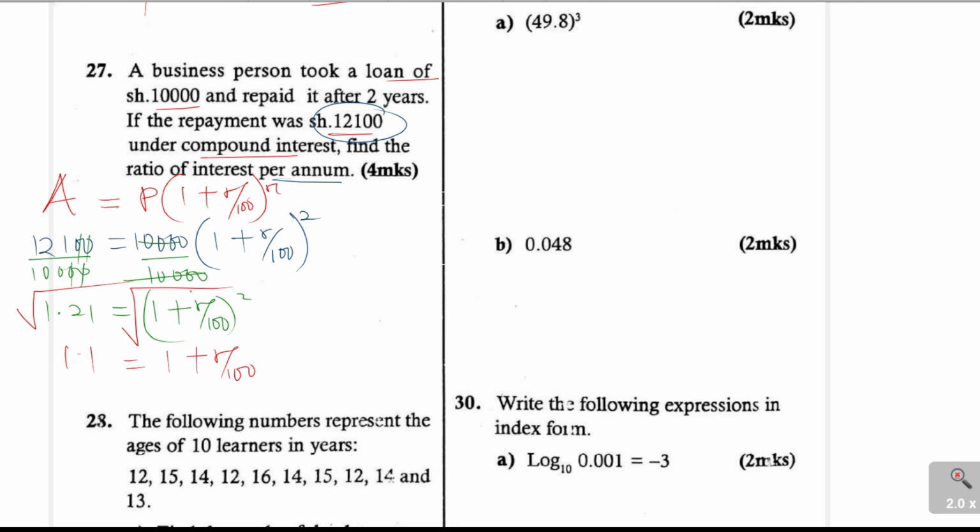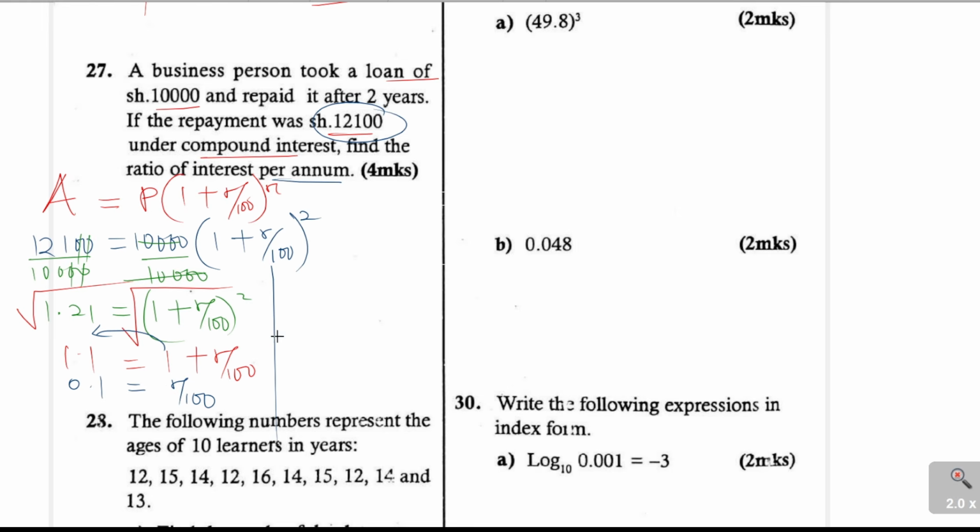Now it is easier, you're almost getting it. So now from there, the next step, you can take this 1 to this side. When you take 1 to the other side, it will be 1.1 subtract 1, which will be 0.1 is equal to R divided by 100.